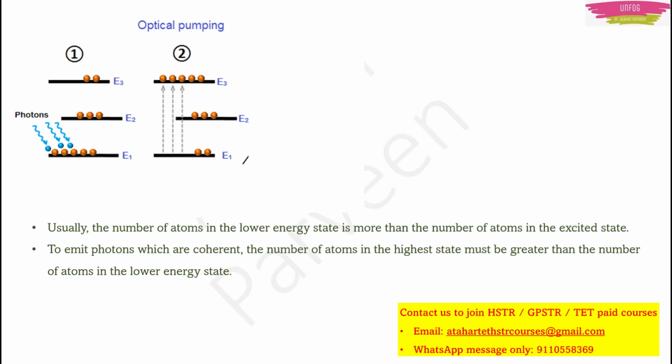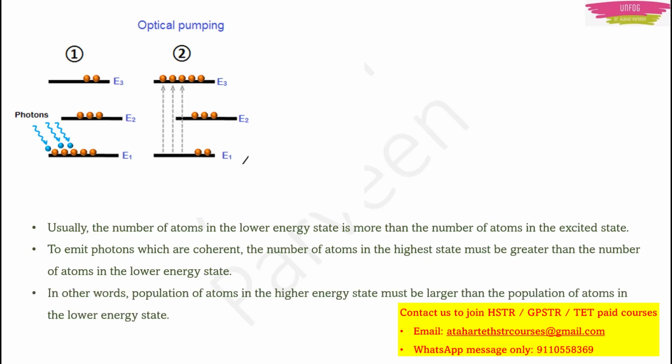To emit photons, the number of atoms in the highest state must be greater than the number of atoms in the lower energy state. This is what the scenario should be, because we want the energy from the electrons. Or in other words, the population of atoms in the higher energy state will be greater than the population of atoms in the lower energy state in that scenario.